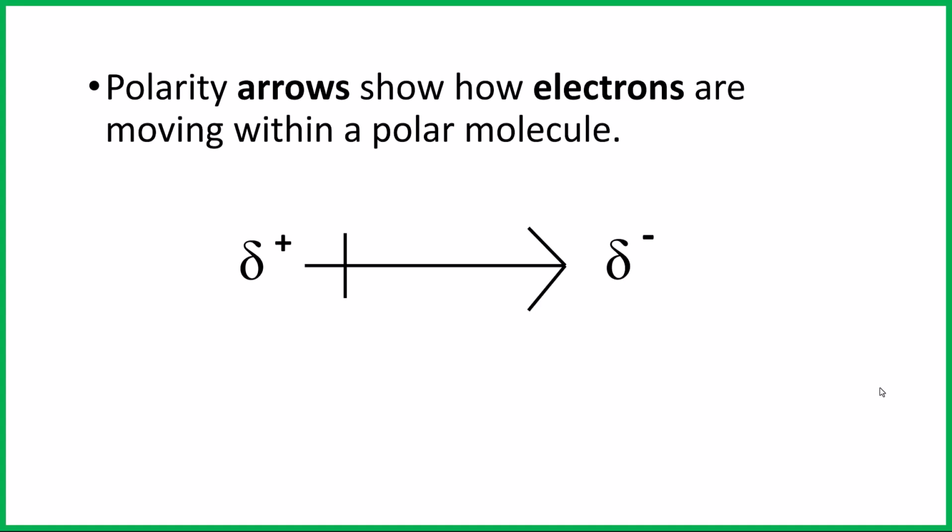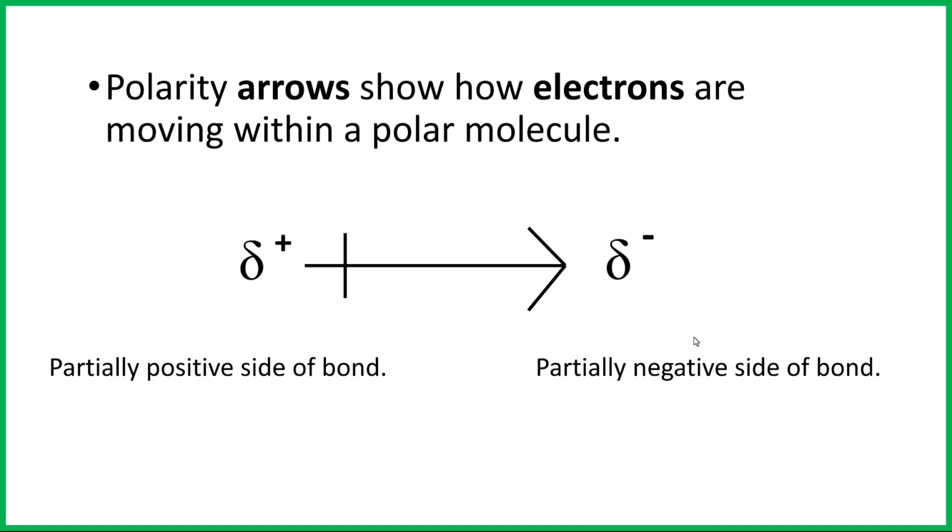Polarity arrows show how electrons are moving within a polar molecule. So here you can see that the electrons are being shifted from the slightly positive side to the slightly negative side. And this is going to be the slightly positive side of the bond, and this is the partially negative side of the bond.